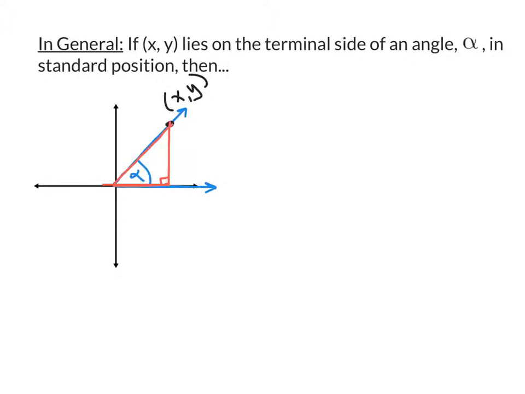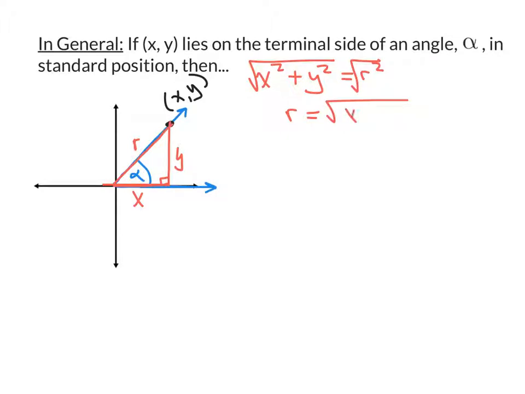Since we're going through the point (x, y), we had to go over x units and then up y units. If I call the hypotenuse r, we can do Pythagorean theorem and say that x squared plus y squared is equal to r squared. To find r, we just take the square root of both sides, so that r is the square root of x squared plus y squared.